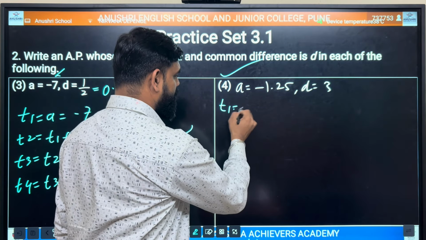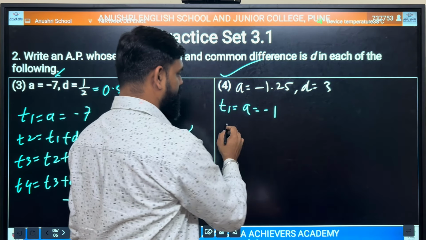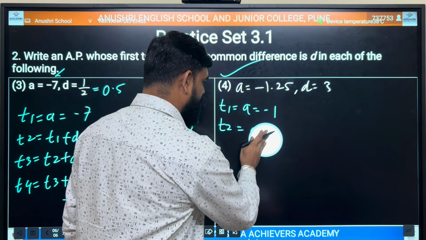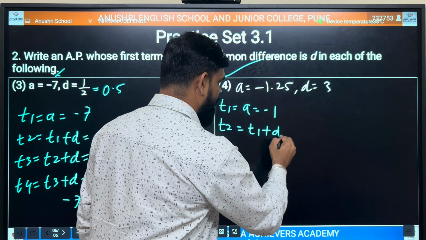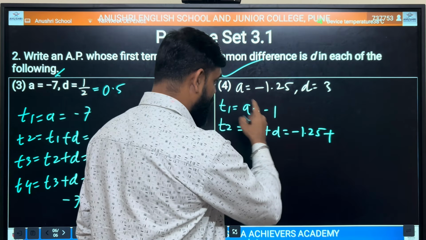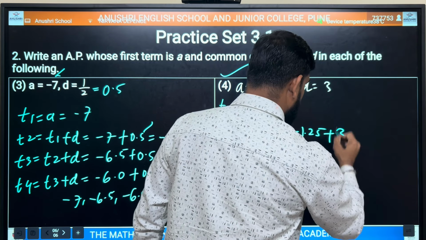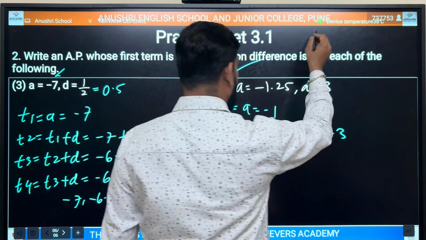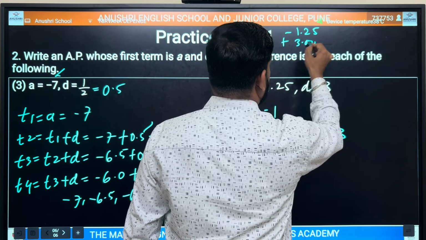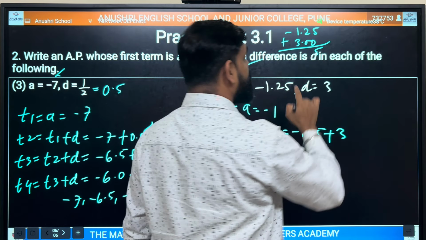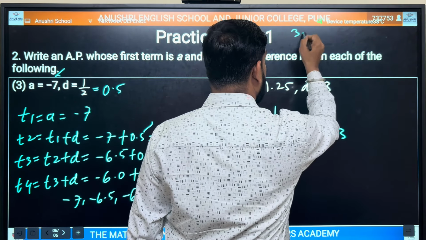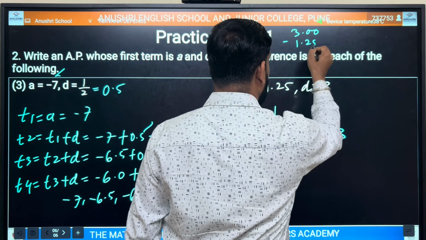Let us solve this question number 4. Similarly, this is T1, A equal to minus 1.25. So T2 is equal to T1 plus D. T1 is minus 1.25 plus 3. So we got here minus 1.25 plus 3. We have to subtract this, subtract from 3.00 minus 1.25.